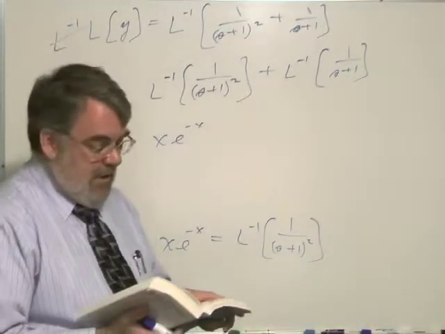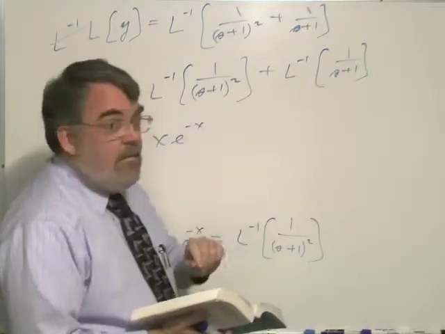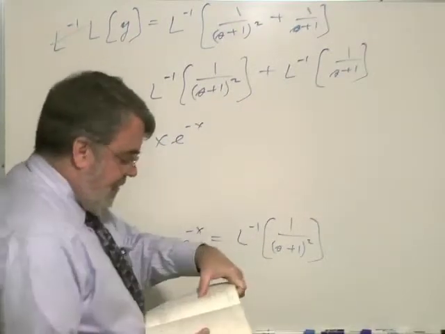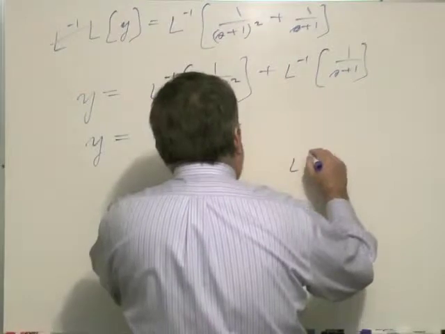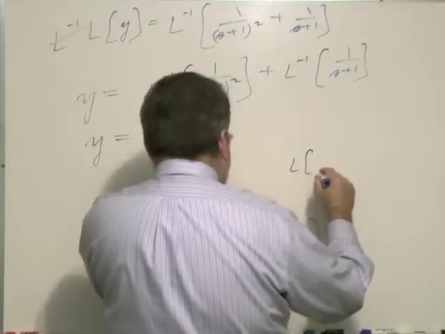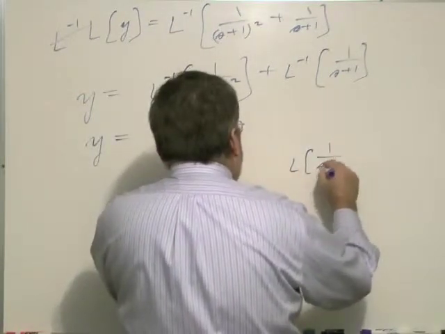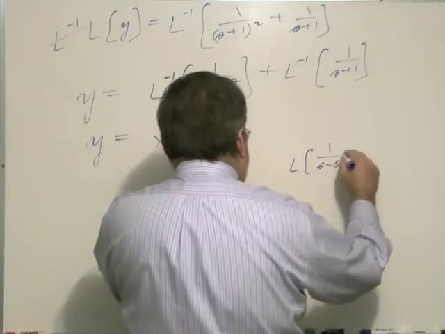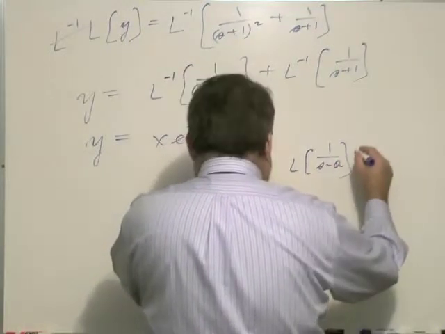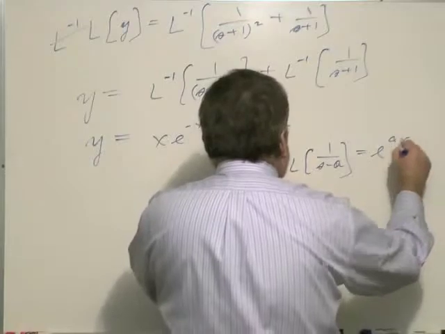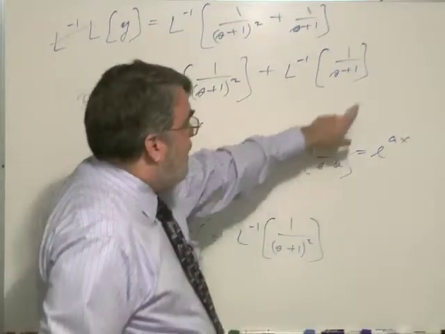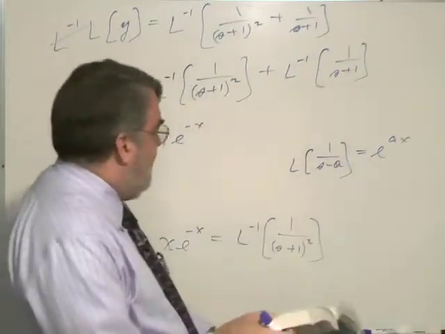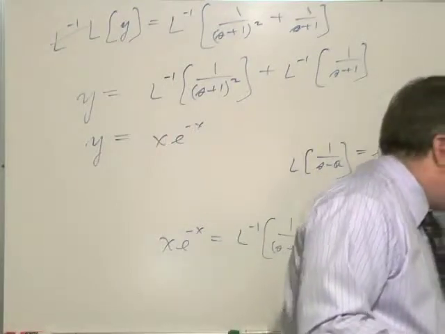Now the other one to look up is 1 over s plus 1. The Laplace transform of e to the ax is 1 over s minus a. So a would be -1 here to get that cancellation of signs.